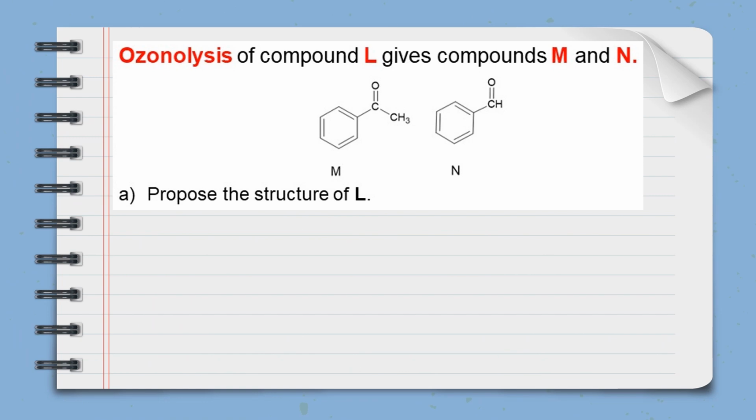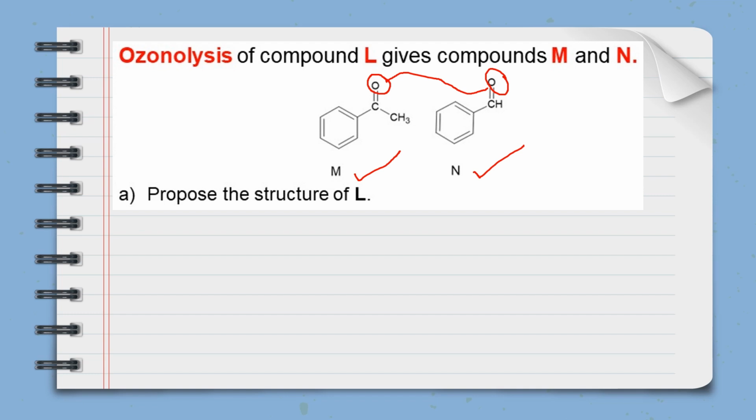We go through this question specifically. Ozonolysis of compound L gives compounds M and N. Propose the structure of L. We know that M is a ketone while N is an aldehyde. Ozonolysis occurs in alkene, so we connect the C double bond O from M to the C double bond O from N, and we eliminate the oxygen and produce the alkene.